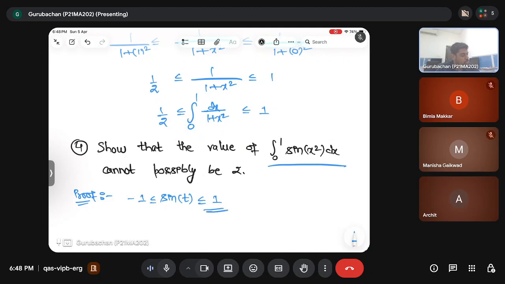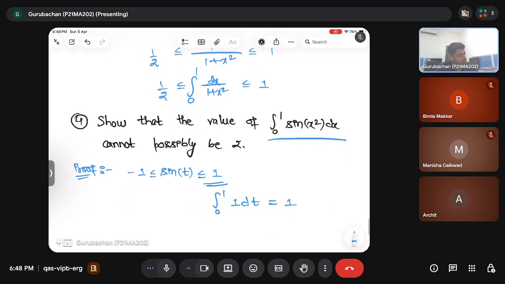So let us check whether it will work or not. We only deal with the upper bound. So the integral from 0 to 1 of 1 dt is, tell me, 1 obviously.